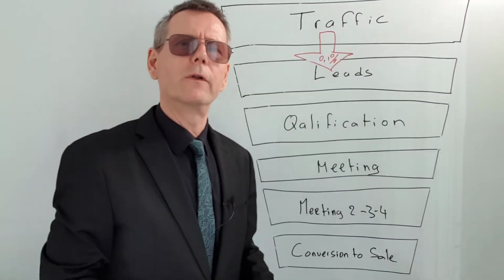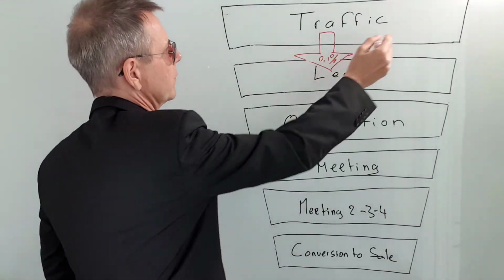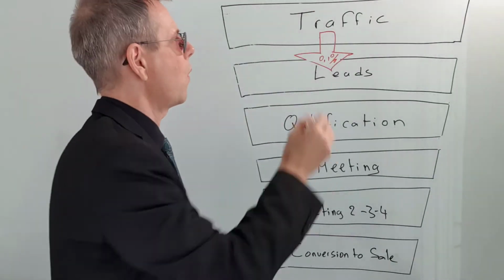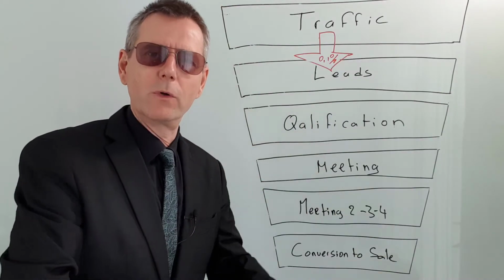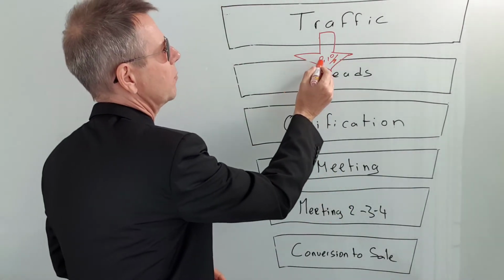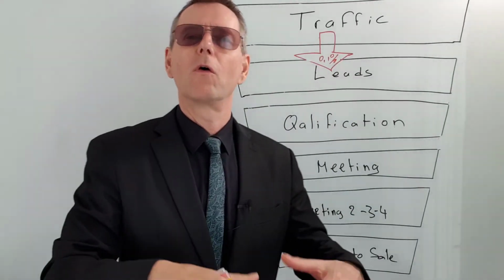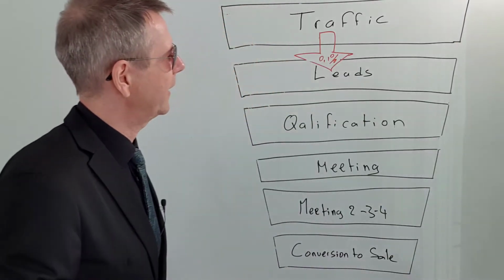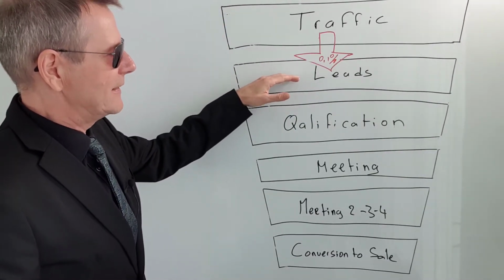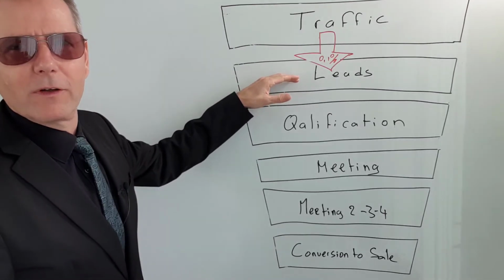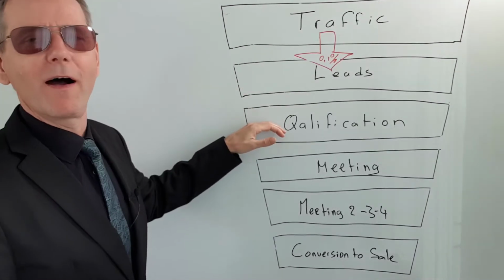I take now the example of the website. 1,000 persons enter your website, one becomes a lead, converts to lead, sends you a request. So this is a 0.1% conversion. Then once you have the lead, you can see how many percent of those leads qualify, and so on.